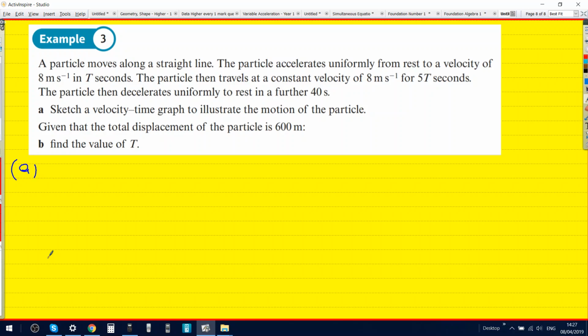So, I'm just finding t, right? Okay, if you could do it without a graph. I mean, I've sketched a graph, which I think is accurate. Okay, and then B. So, displacement is 600 then.